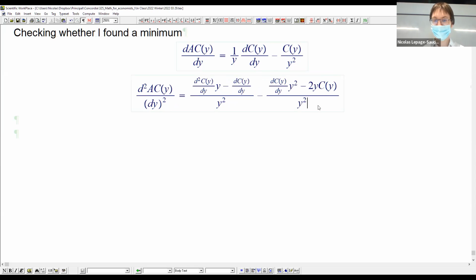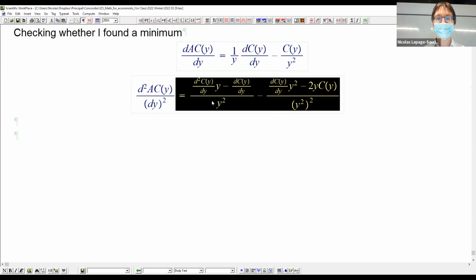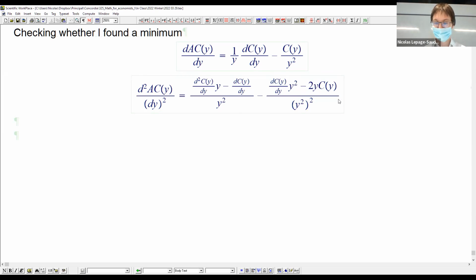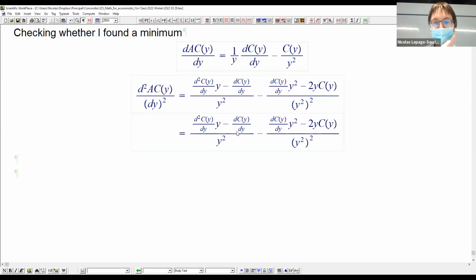I get this very fun expression. So can I do something with that? I have to make sure that this is positive. I think it's going to be useful for you to try and do it yourselves again. It's always the same, it's the rules of taking derivatives. So it's good practice, and then you can make sure you get the same thing as I did.